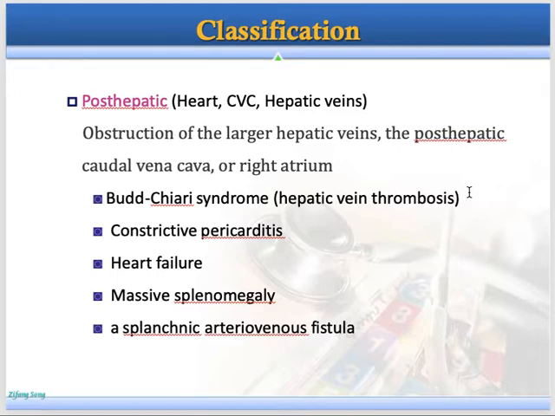It's more common in females, and what happens is they have thrombosis of the hepatic vein. When there is obstruction or thrombosis of the hepatic vein, there is outflow obstruction, obstruction to the drainage, and the blood will start pooling in the liver, or you can say the liver will be congested.